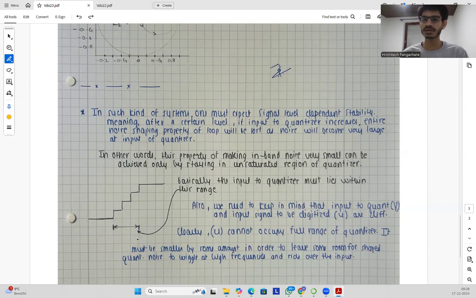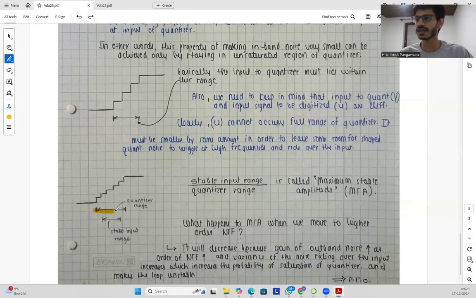The noise in the signal band is reduced, but it is not cut off, it is pushed to higher frequencies up to pi. So over a range up to pi, the variance of the noise will be large, which will be seen by the input of the quantizer. So in order to leave some room for the shaped quantization noise to wiggle at high frequencies and ride over the input, U must be smaller by some amount.